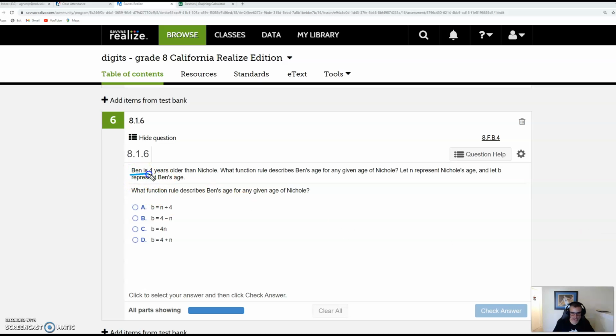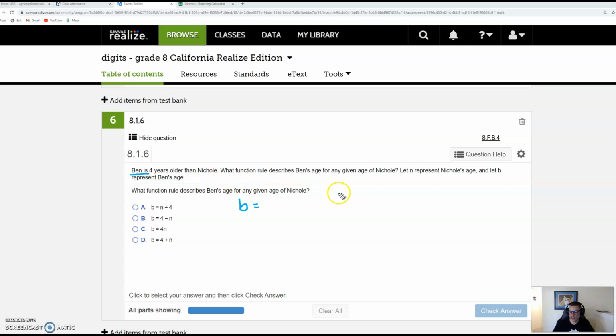Look at all my equations. They all start with B equals. That's how you say Ben is in math. They're using a lowercase b here. I would use an uppercase, but this is how you translate. Ben is, B equals. 4 years older than Nicole.